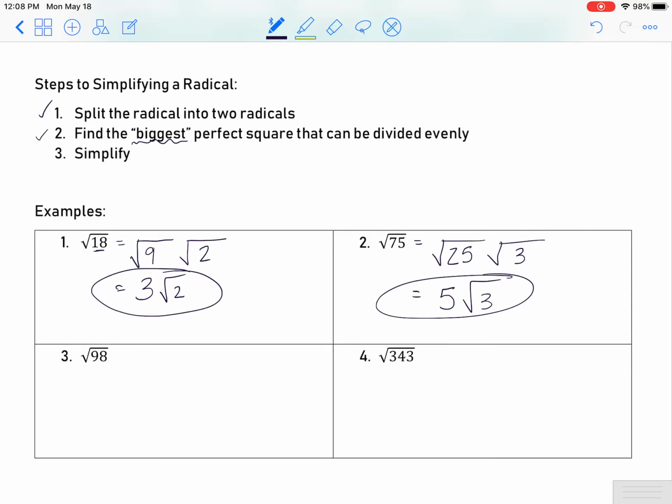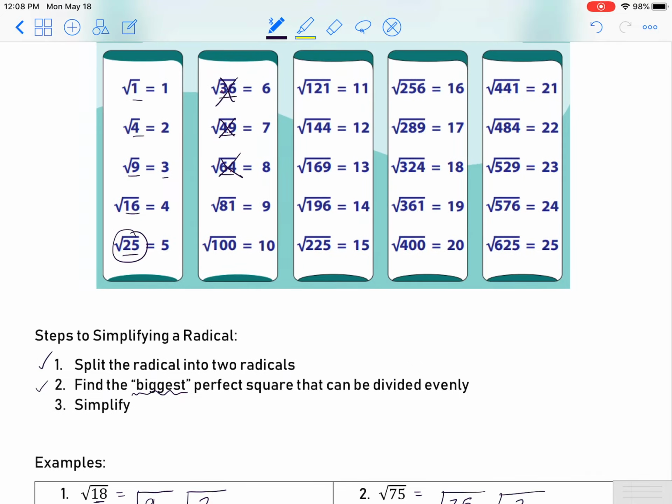All right, square root of 98. I'm going to split it up. So again, you kind of get the gist of what I'm doing here. So 98, I'm going to go all the way to here. So I'm looking at all of these numbers. 98 divided by 81 doesn't work. 98 divided by 64 doesn't work.